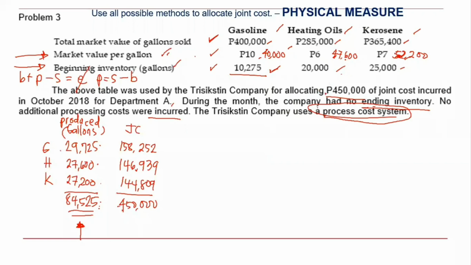Ayan. 47,600 ang nakalagay. Naku po, mukhang naduling po. Ito daw po ay 47,500. Malabo ng ating calculator. Okay, so i-recompute lang po natin yung problem 3 using physical measure. Thank you po for the corrections. Control E. Ito po ay 47,500.